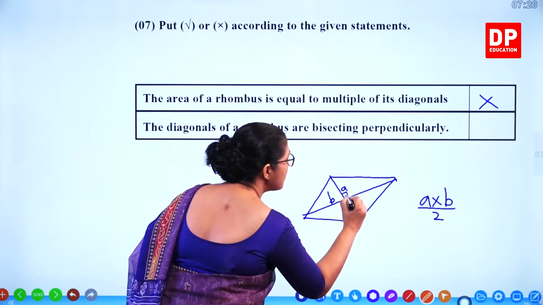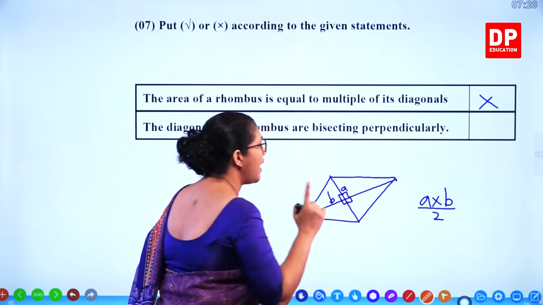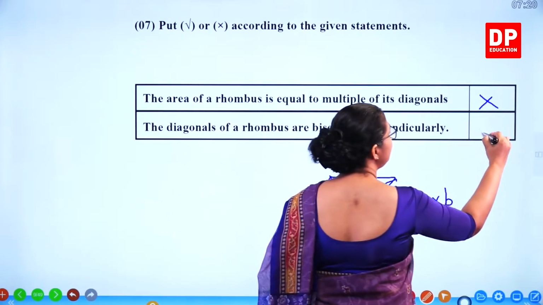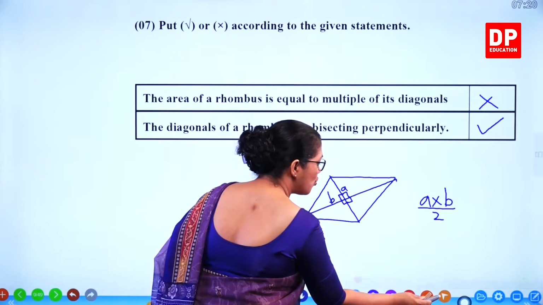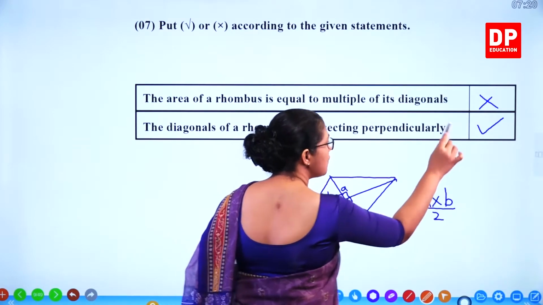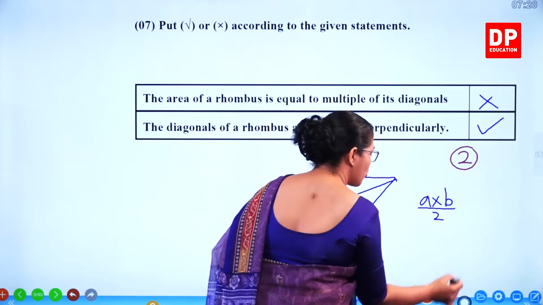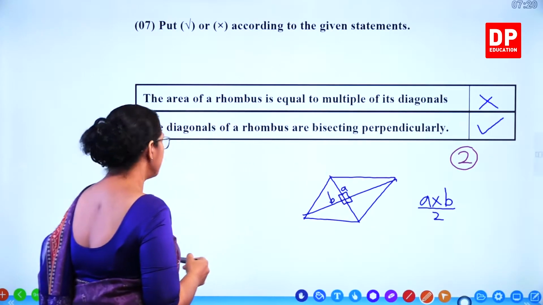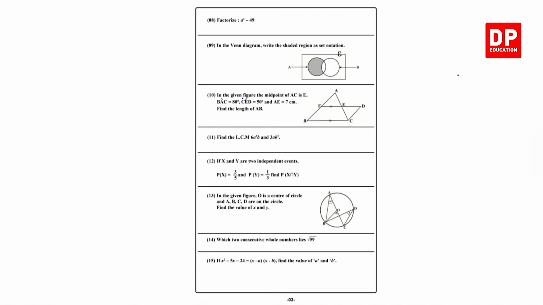Rhombus diagonals bisect perpendicularly and also in a square. So that's correct. So you get 2 marks for identifying whether it's correct or wrong. Now you can try question number 8 to 15.